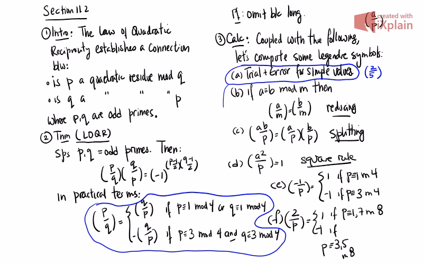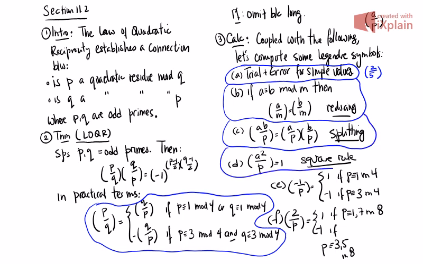Reducing I called reducing because typically we're using this to reduce the numerator mod the denominator. Splitting is what you use to divide things up, to simplify the problems. The square rule we'll use whenever we have a square in the numerator; you could just have 1, that's it. And then E and F are special cases of what we can do if we're calculating 2 over p or negative 1 over p.